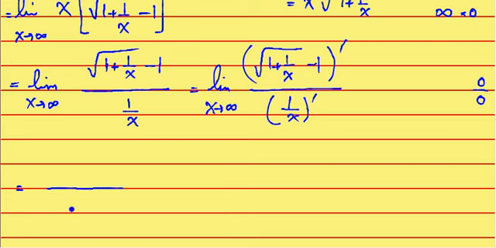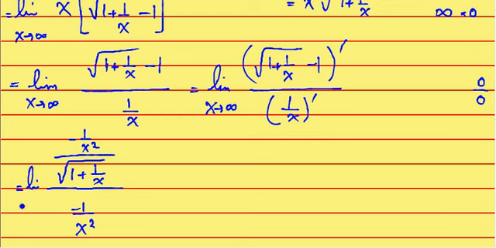Derivative of 1 over x, you go ahead, check that the derivative is minus 1 over x squared. Derivative of this one will be derivative of the inside of this, which is minus 1 over x squared, divided by that radical. Is that right? I hope your differentiation is fast and quick by now.